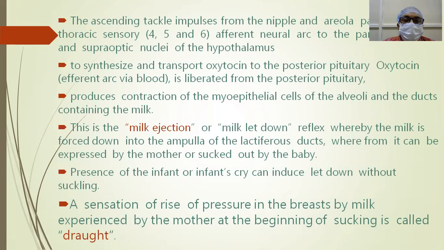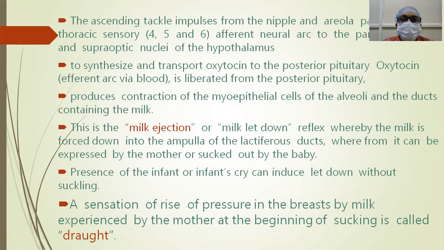The ascending tactile impulse, that means the touch impulse from the nipple and areola, passes via the thoracic sensory nerves T4, 5, 6 and afferent neurons to the paraventricular nuclei and supraoptic nuclei of the hypothalamus to synthesize and transport oxytocin to the posterior pituitary.